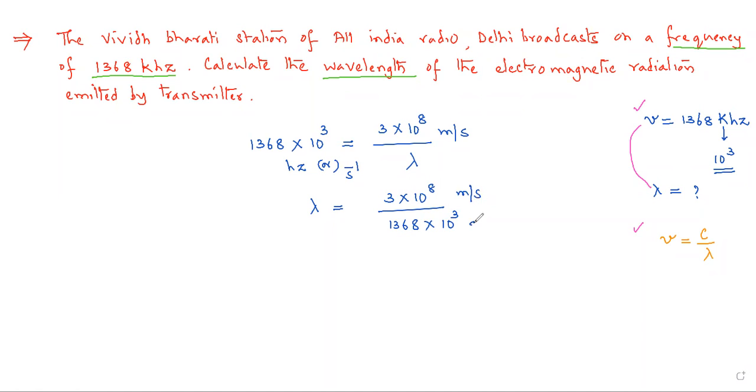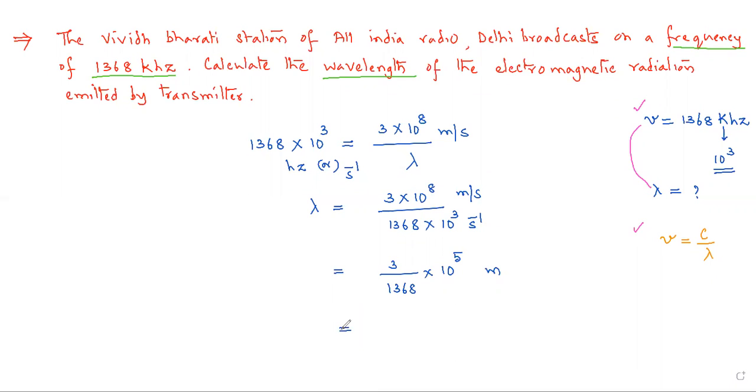This is in meter per second and this is per second, so the final answer will be in meters. Let us write that: 3 by 1368 into, when this 10 power 3 goes into the numerator, that becomes minus 3. So 10 power plus 8 and 10 power minus 3 can be written as 10 power 5. This is in meters.